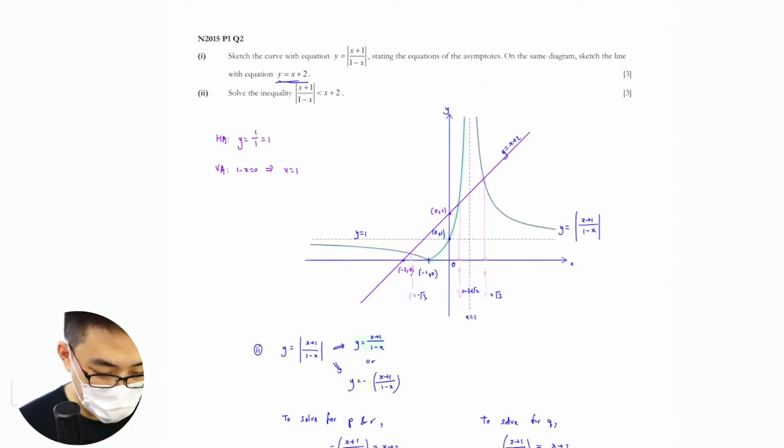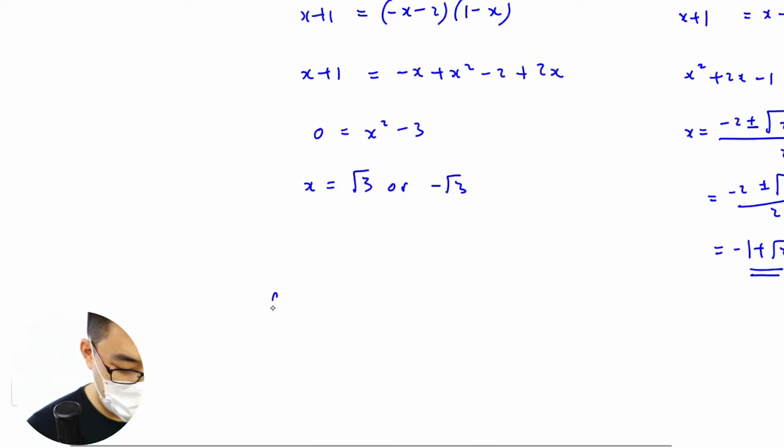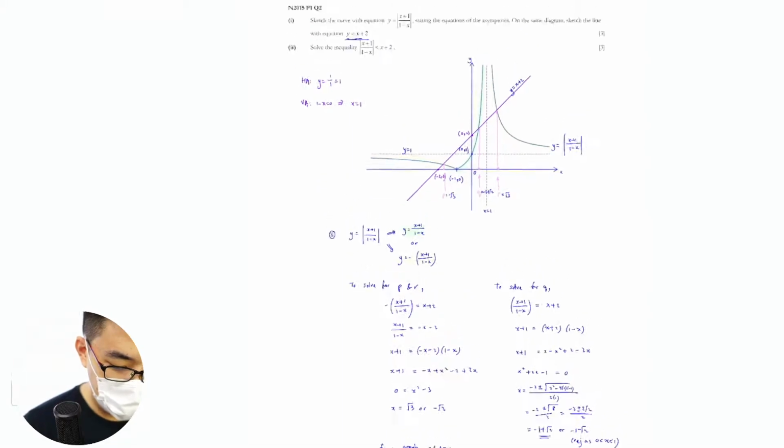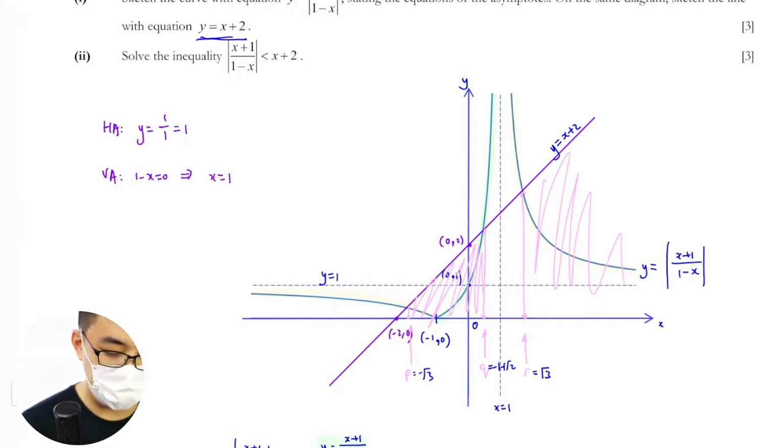Then what we need is to solve that the modulus graph is below the line. So the solution set from the graph is here, right? You want the modulus graph to be smaller. So the modulus graph is here, smaller is here and here. Anything below the line is here.